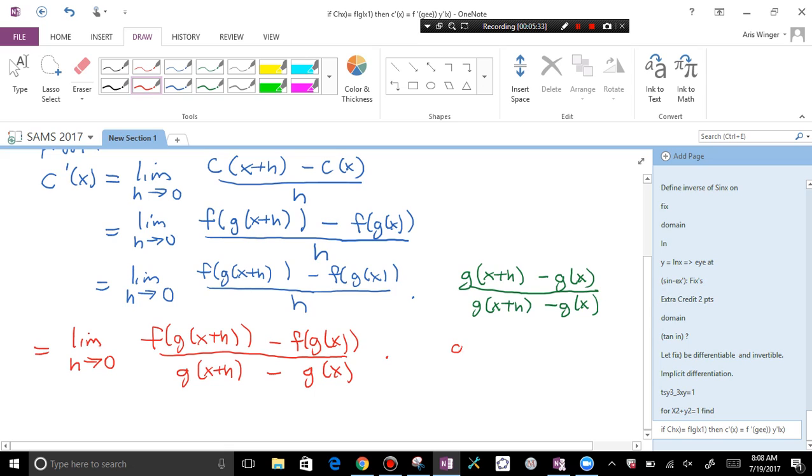And then this is g of x plus h minus g of x all over h. I'll make that comment somewhere that here I'm just switching denominators. I can do that because we are just multiplying the denominators. It doesn't matter the order.